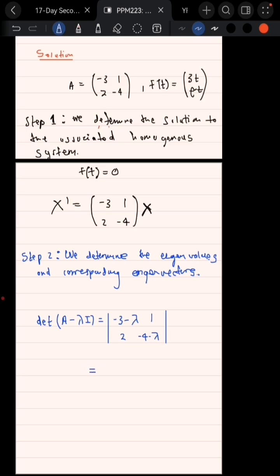Then this will be equal to (-3 minus lambda) multiplied by (-4 minus lambda) minus 2 times 1, which is 2.